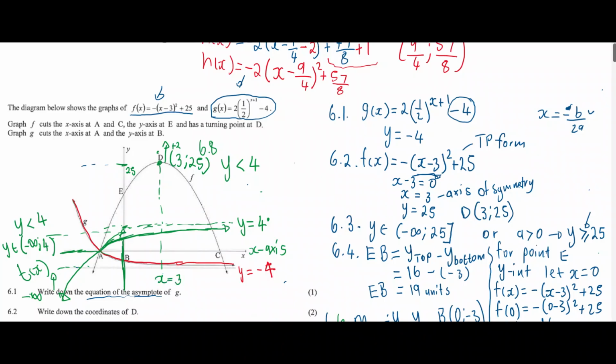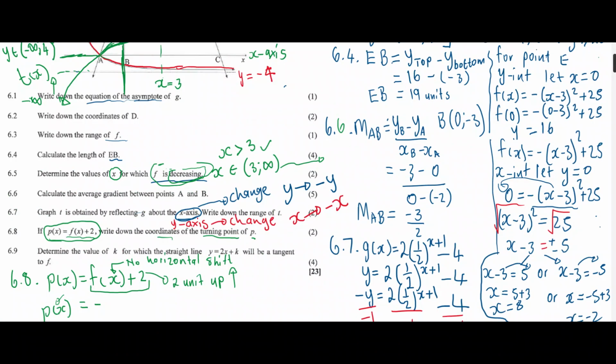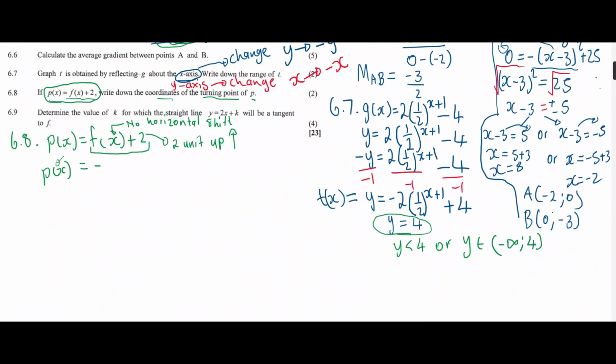The axis of symmetry stays the same because it's x equals 3. So the x value is 3, but the y value changes to 27, because we added 2 to the y value. Hope you guys understand. That's the correct answer through performing transformations on the graph.